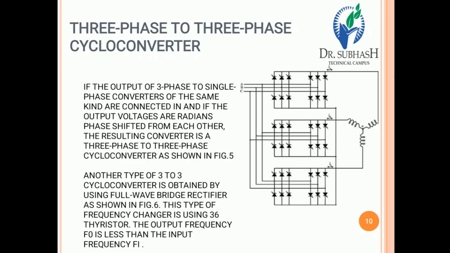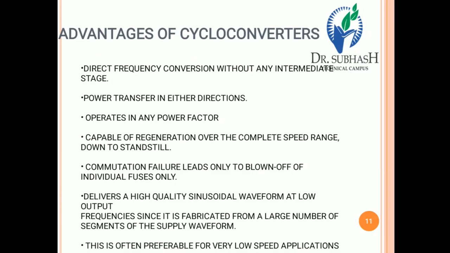The output frequency F0 is less than the input frequency F1, right? So the output frequency F0 of a three phase to three phase cycloconverter is always less than the input frequency F1.